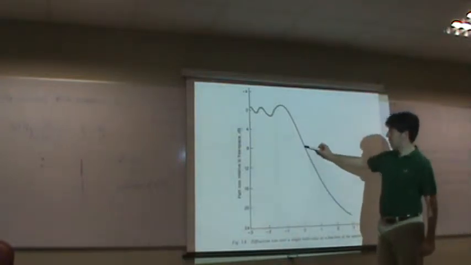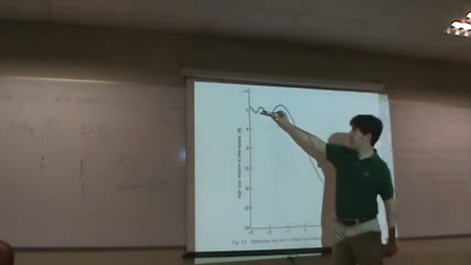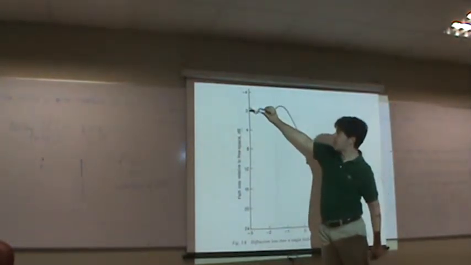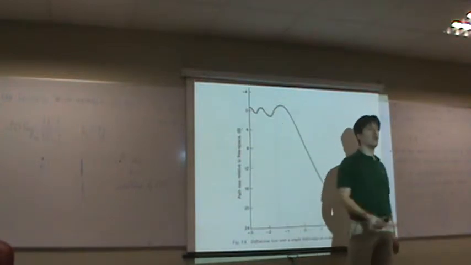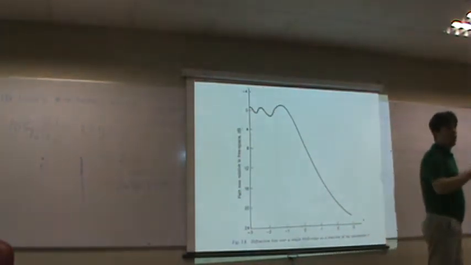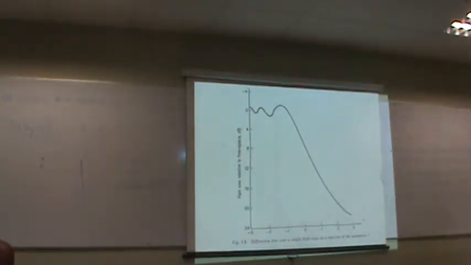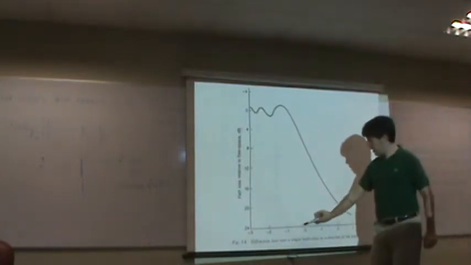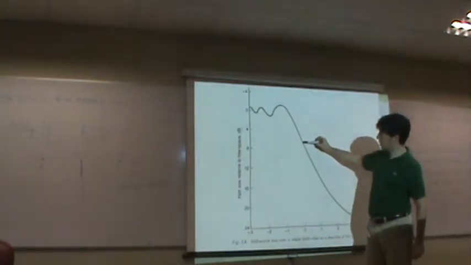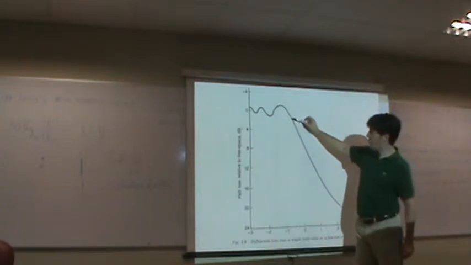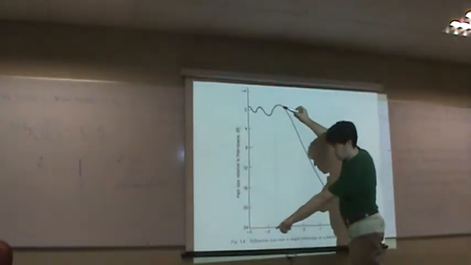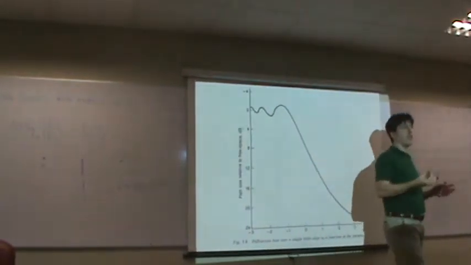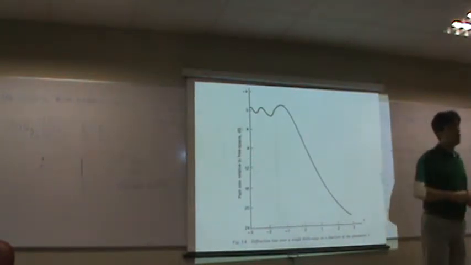So you are here. Please note that 0 is the free space level. So this 0 is what you would receive if there was no obstacle. So you are here, and you have to go quite a long way before you receive a field that is comparable to free space.